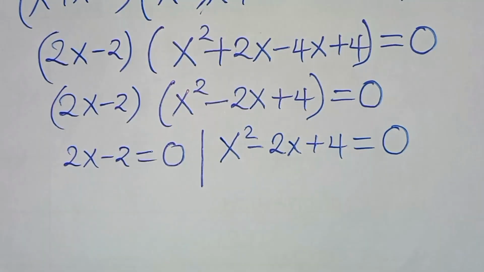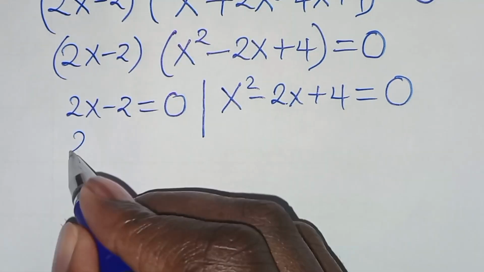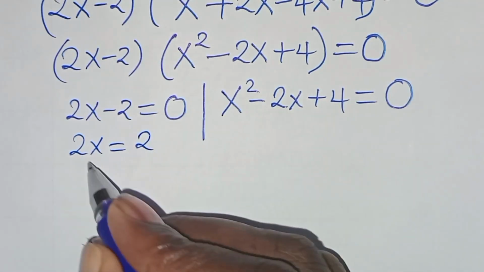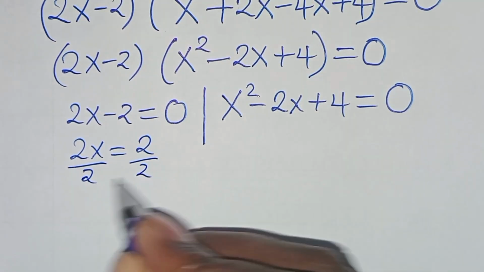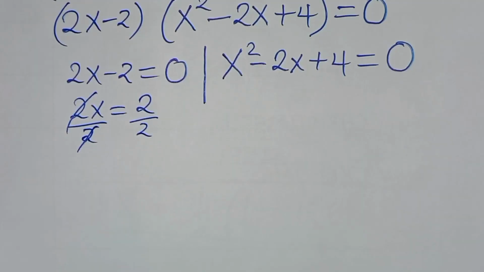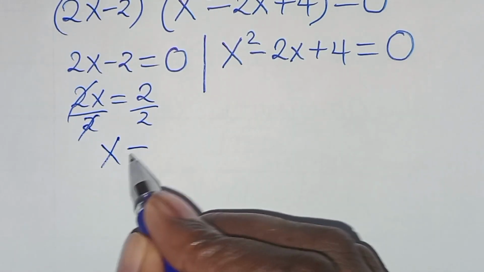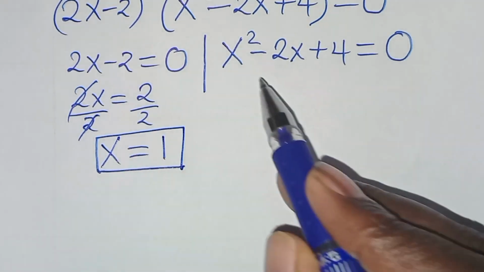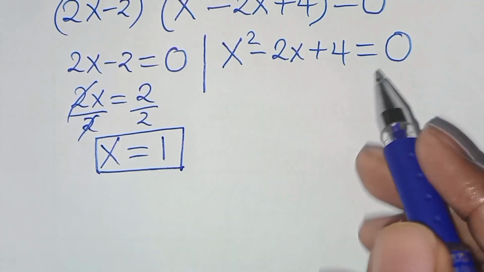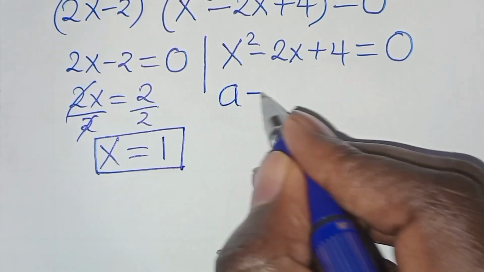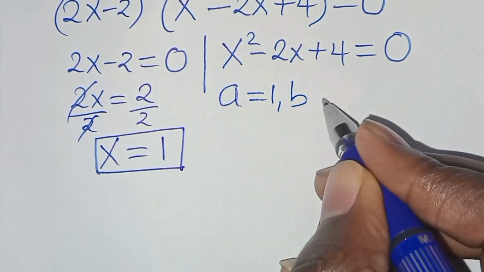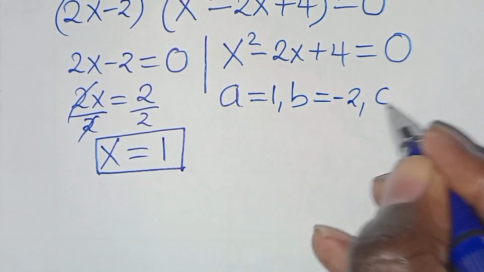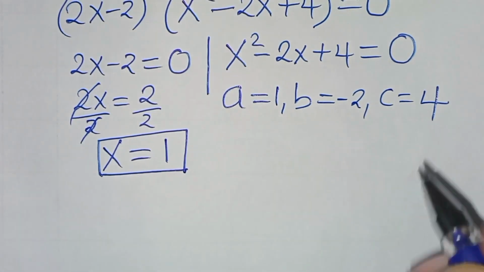So this implies that 2x is equal to 2. We divide both sides by 2, and this implies that x is equal to 1. From the quadratic equation that we have here, a is equal to 1, b is equal to minus 2, and c is equal to 4.